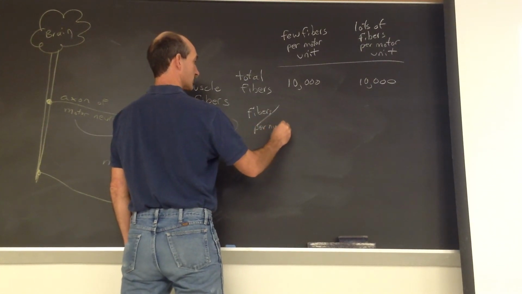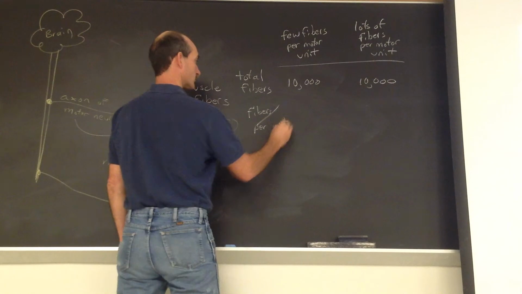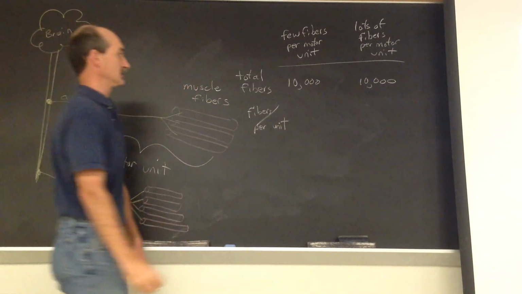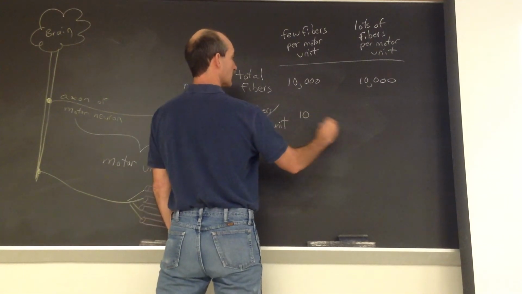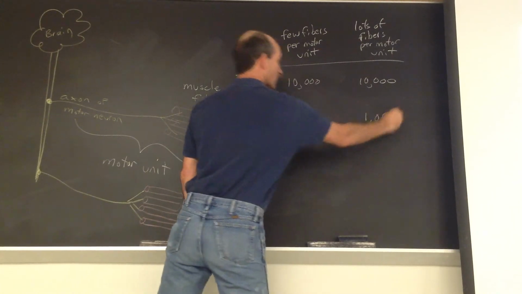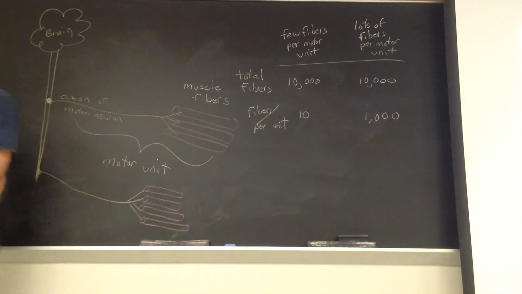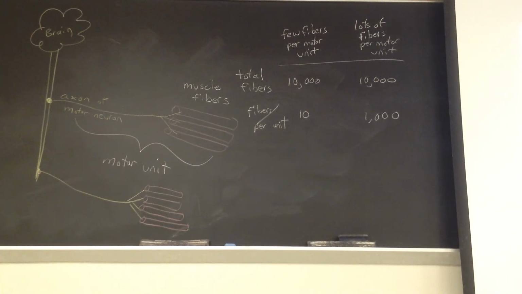Fibers per unit. How are these arranged? In this case, one of our situations, this one with few fibers per motor unit, is going to have just 10 fibers per motor unit.